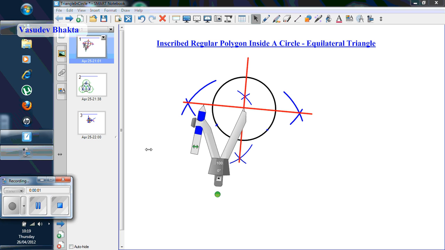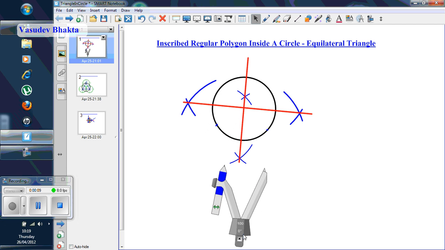Regular polygon inside a circle, an equilateral triangle. What I've got here so far is a circle. Basically what I've done on the circle is created a chord across there, and then bisected that chord to divide the circle in half.